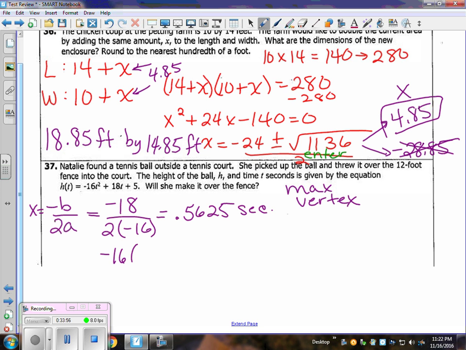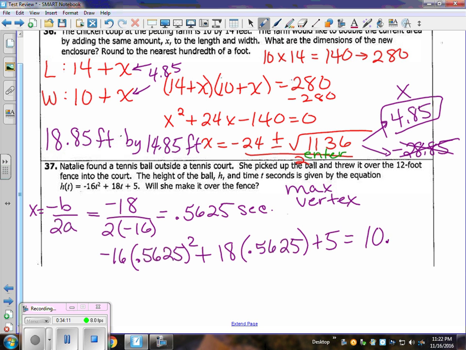So negative 16 times 0.5625 squared plus 18 times 0.5625 plus 5. And that gives us approximately 10.06 feet for the max.